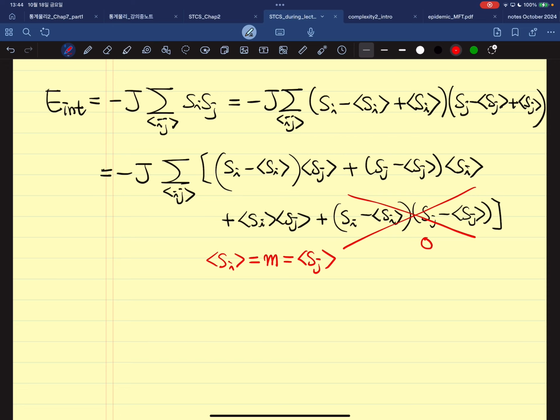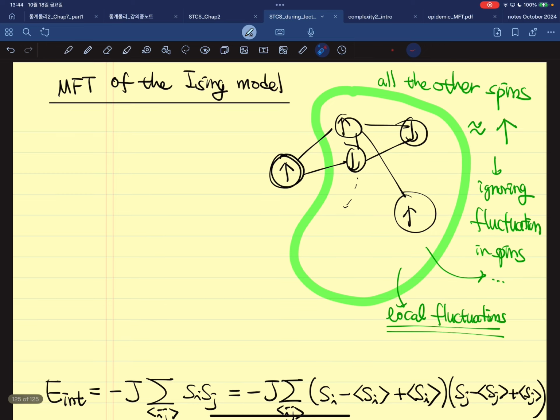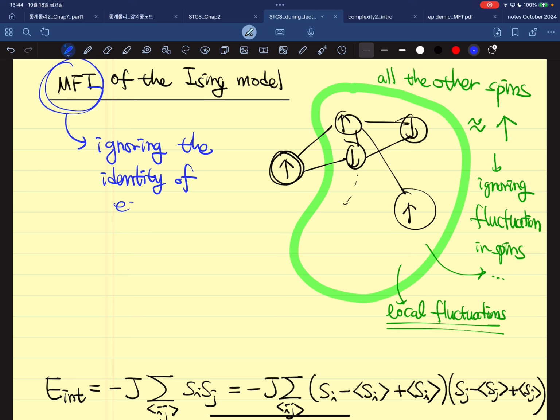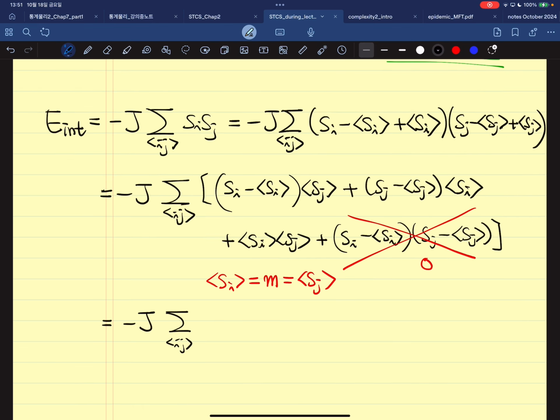And maybe it's a good time to mention that this mean field theory basically ignores the identity of each site. All of the sites will be equivalent. Si minus m, and m, plus Sj minus m, plus m squared.